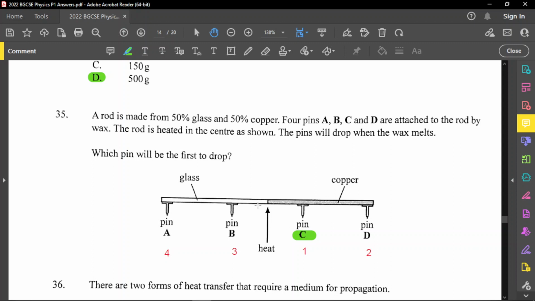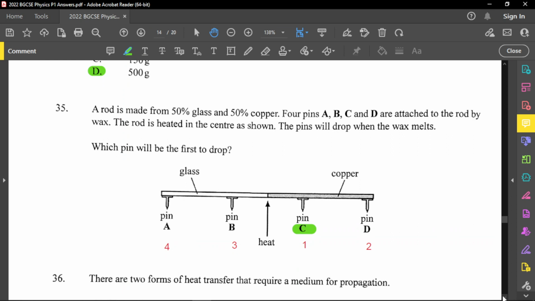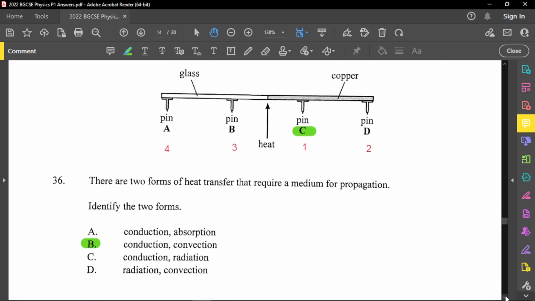If heat is only transferred by conduction, D will fall before B. But in reality, because heat is around this area, and this is held on by wax, some heat will be transferred through radiation, and then B could fall off before D. But if you're looking at conduction only, then the order that I have there, 1, 2, 3, 4, will be the correct order in terms of falling of the pins.